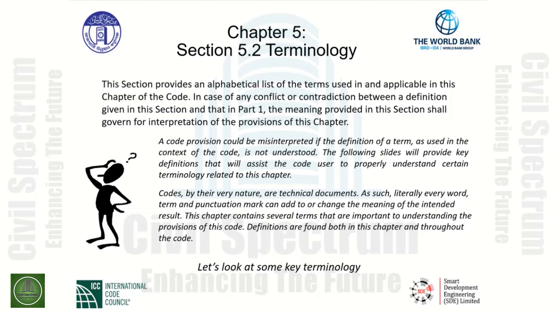As you know, we will be talking about water supply systems, and the language indicated in this particular chapter will apply specifically. A code provision could be misinterpreted if the definition of a term as used in the context of the code is not understood.